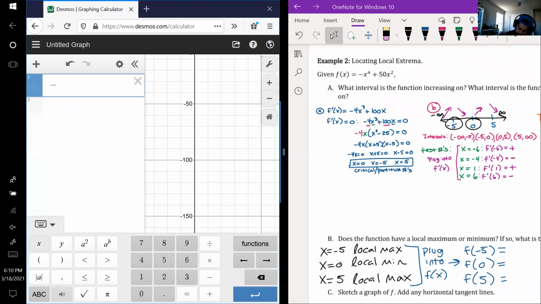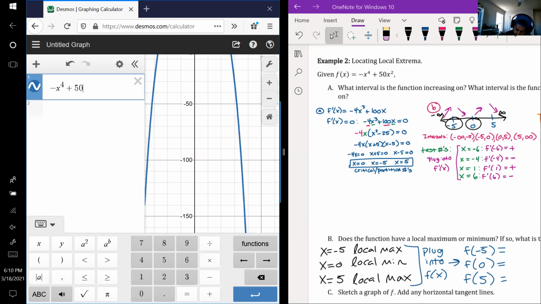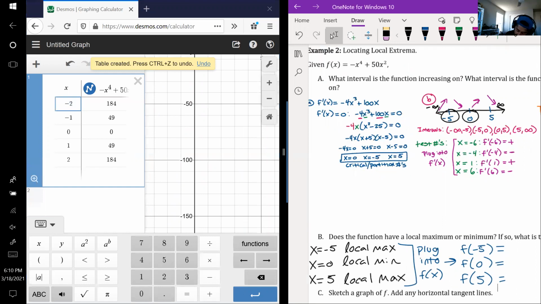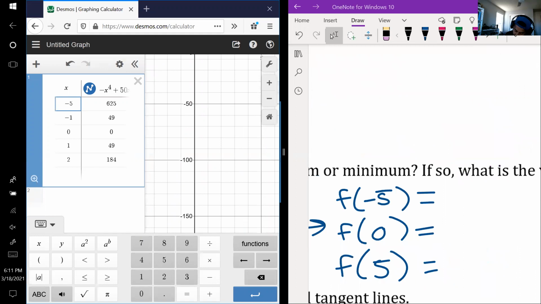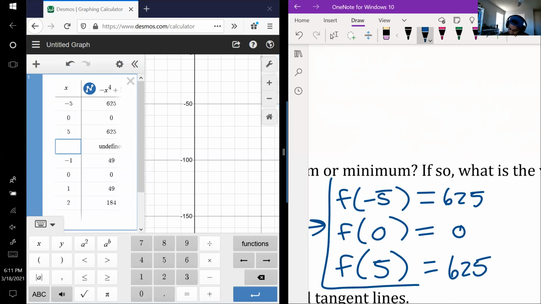Up there, -x to the 4th plus 50x squared, table feature, and let me just go back down here, and I'll type these in here, -5, 0, 5. So 625, 0, and 625. There we go.